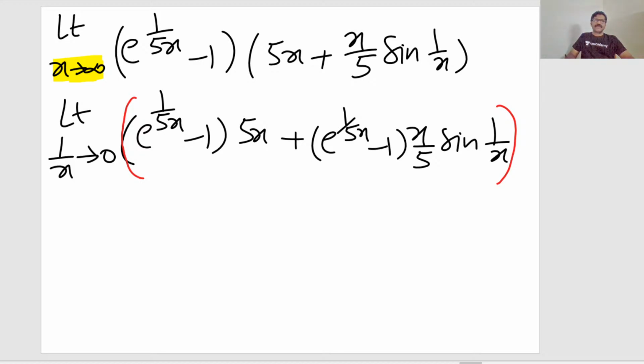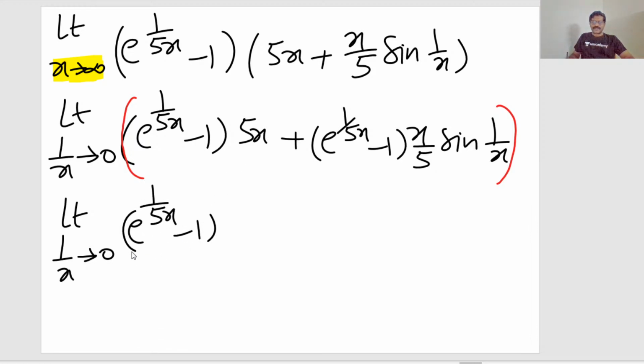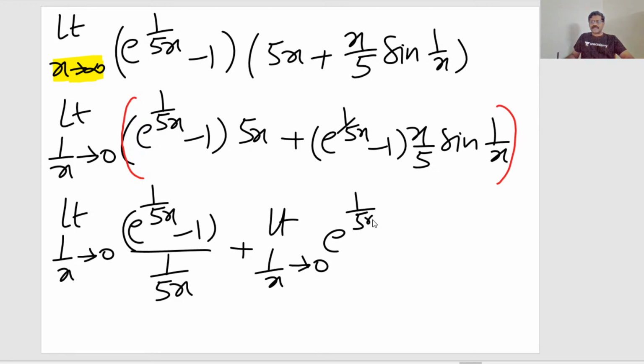Now, limit 1/x tends to 0, (e^(1/(5x)) - 1) / (1/(5x)) plus limit 1/x tends to 0, (e^(1/(5x)) - 1) / (x/5).